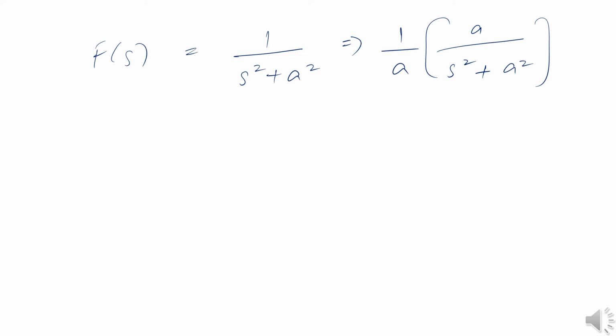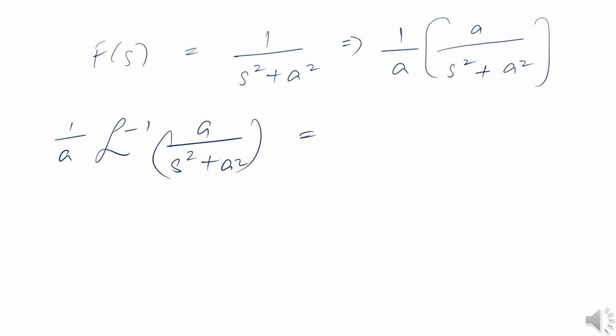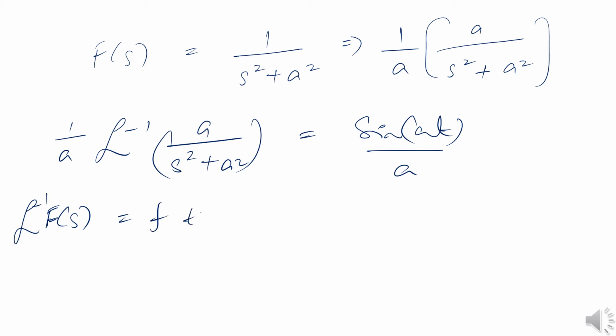So this function is 1 over a, and the Laplace inverse of this will be equal to sine of a t divided by a. So from F of s, I have found f of t, that is sine of a t divided by a.